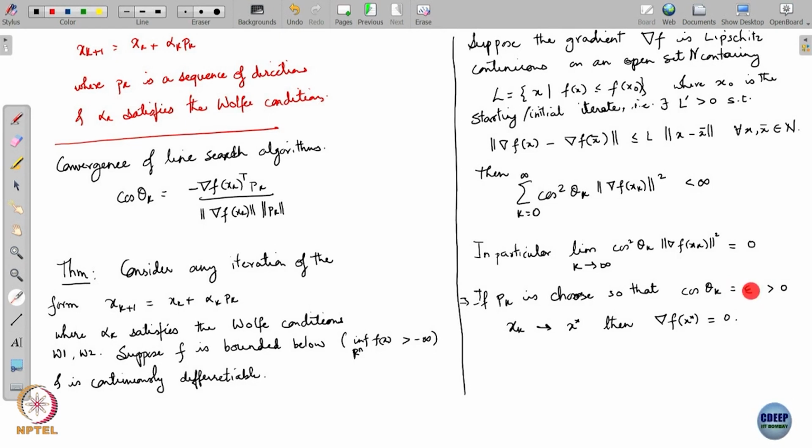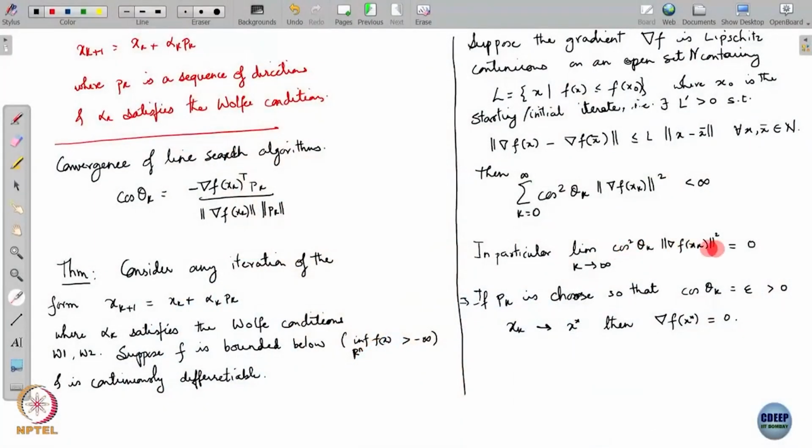If epsilon also depends on k and starts decreasing to 0, then the limit of this product being 0 does not let me conclude that the gradient is equal to 0. It could well be that the gradient still remains positive, and yet this limit is going to 0.